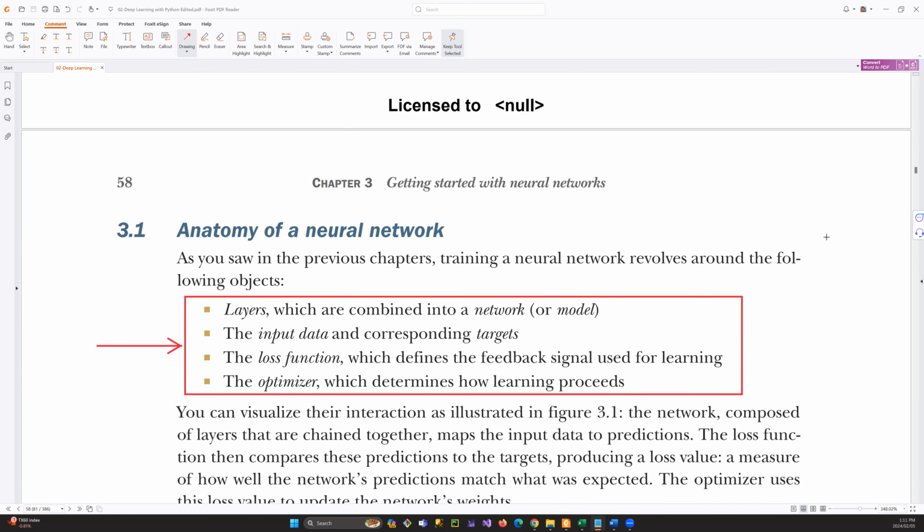Okay, so let's get to the next part. It says that, as you saw in the previous chapter, training a neural network revolves around the following objects. We need layers, which are combined together and shape our network, the input data, and the corresponding target. We are about to find the relationship between these two. At the beginning we assign the values for weights.